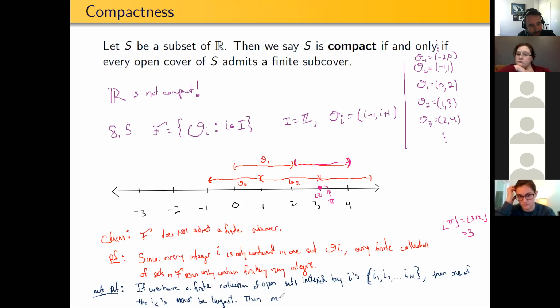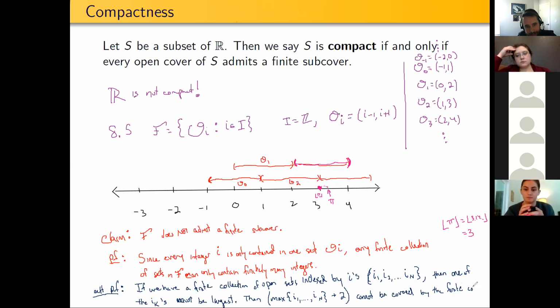So if I take the max of the set I1 through In, and I just add, let's say, 2 to it, so I take the max of all the I sub n's plus 2, that particular number cannot be covered by the finite set, by the finite collection.